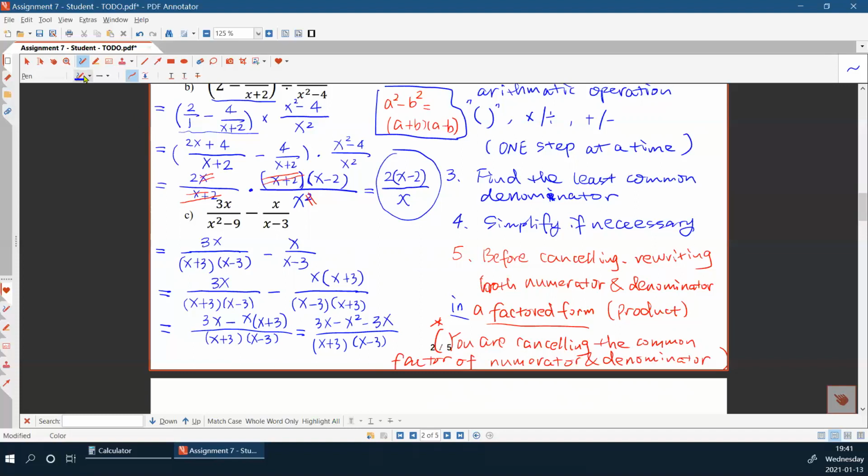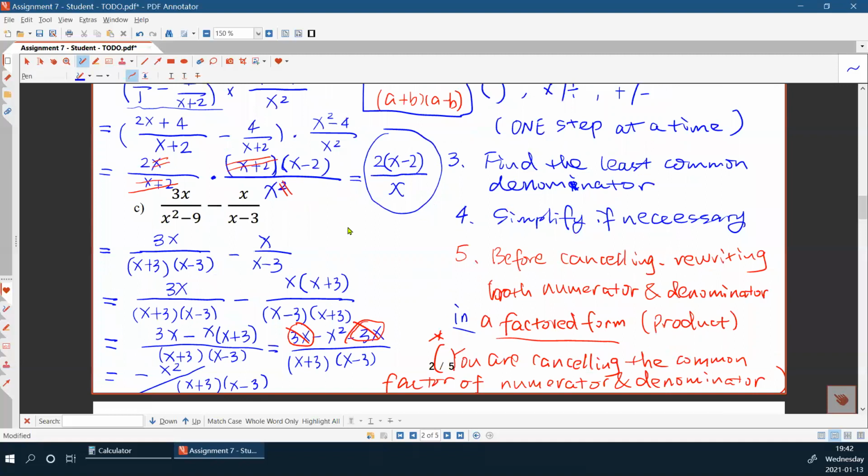And now you can see that 3x minus 3x is 0, right? So these two terms are gone. And the final result is minus x squared divided by x plus 3 times x minus 3, right?